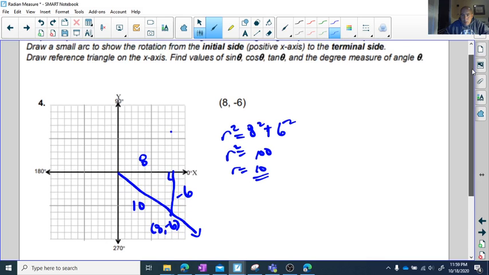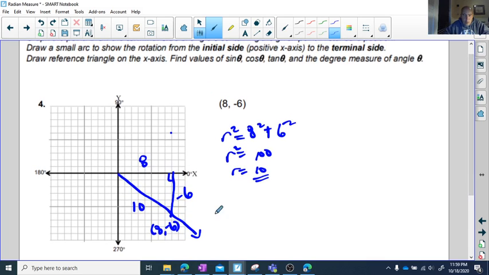Now, what does it ask us to do here? We plotted the point, we drew the terminal side, we made our reference triangle through the point. Now it wants the sine, cosine, and tangent. So the sine of theta, theta is always the angle in the corner between the terminal side. It's always your reference angle. So the sine of theta would be -6 over 10.